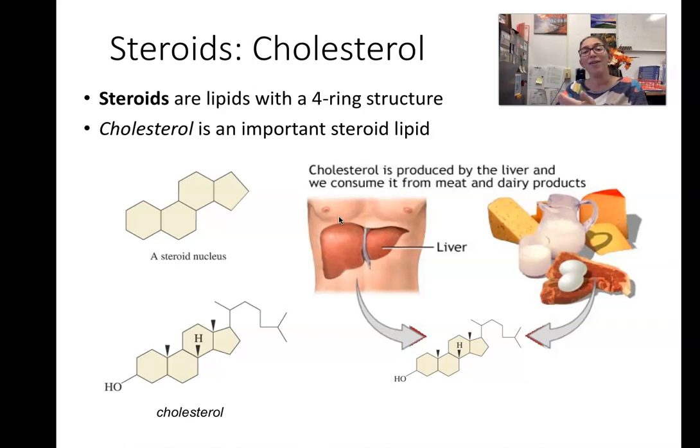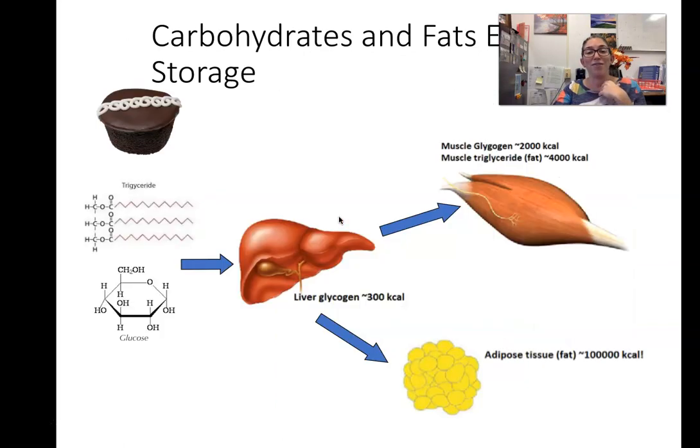Cholesterol is an essential compound that your body needs to live. Your cells need it. It's an important part of cell membranes, and helps to increase the fluidity or flexibility of our cell membranes. Cholesterol is important for generating vitamin D. It's important for the generation of several hormones.